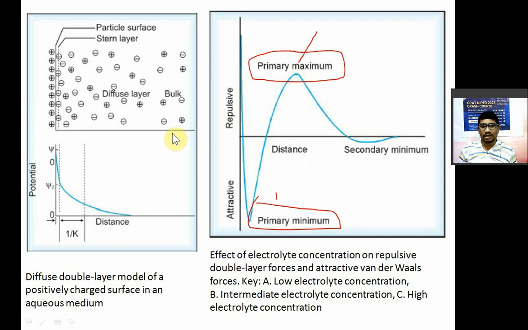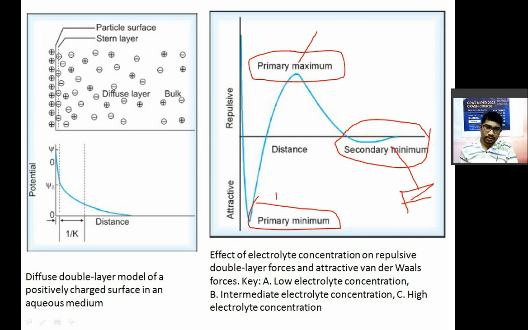At the primary maximum there is no aggregation; particles stay individual because of repulsive forces. Again, at a high concentration of electrolyte you will get a secondary minimum, where controlled aggregation of particles occurs. This is used for flocculation.